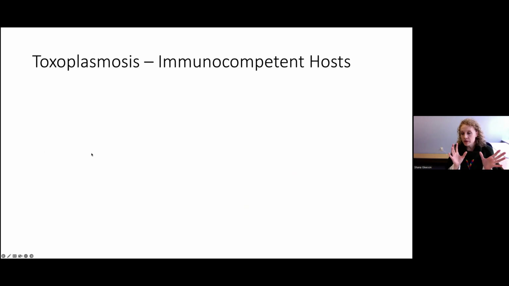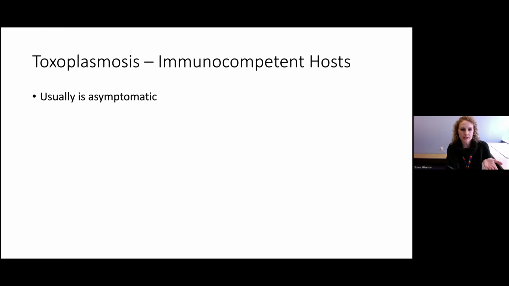This is showing you how things are different in an immunosuppressed host, or with an opportunistic infection. What is different about it? Toxoplasmosis can infect immunocompetent people, but it's usually not a big deal. In an immunocompetent host, it's usually asymptomatic. Most people get infected with it and don't even realize it, and would only find it out if they got antibody testing at some point, like pre-screening for transplant.